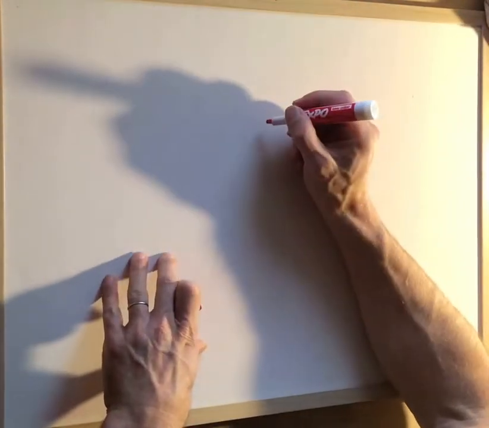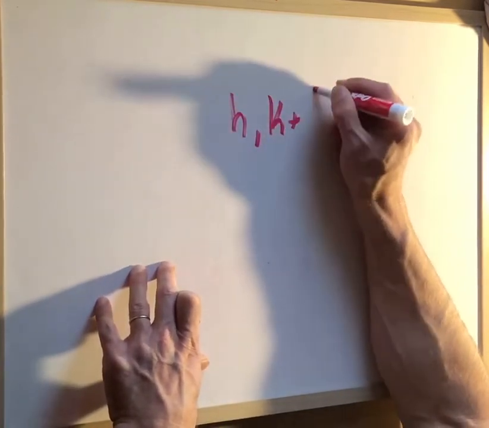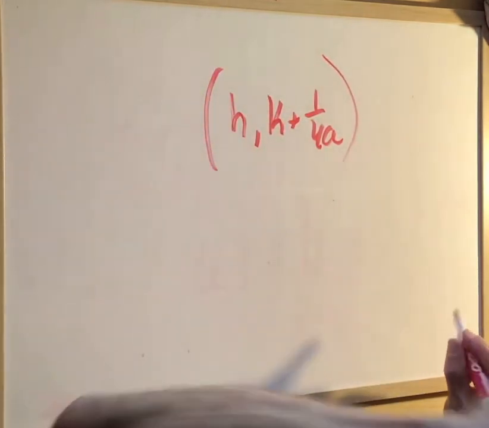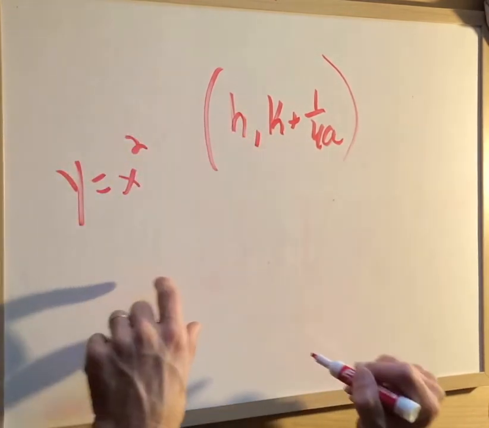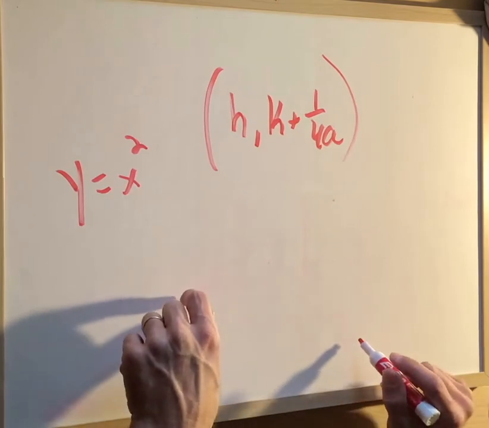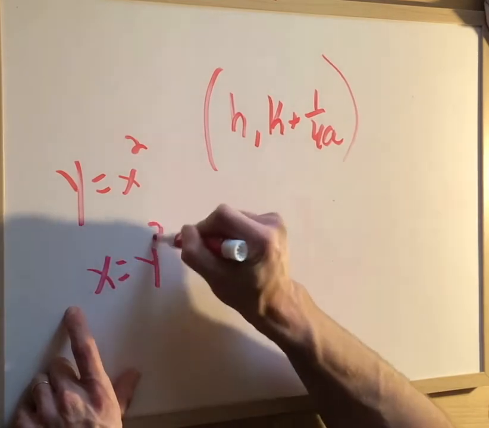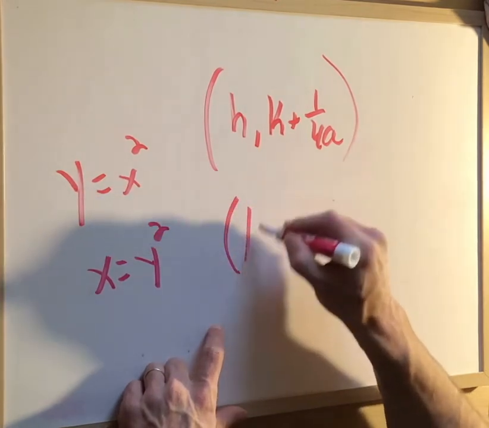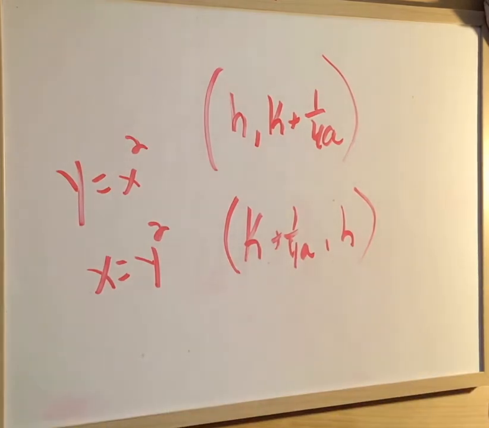Okay, for number 14, find the foci. The foci, remember, is h comma k plus 1 over 4a. This is the foci. Now, this is if you have y equals x squared. If you have a foci of x equals y squared, remember everything is flipped, so it's going to be k plus 1 over 4a comma h.